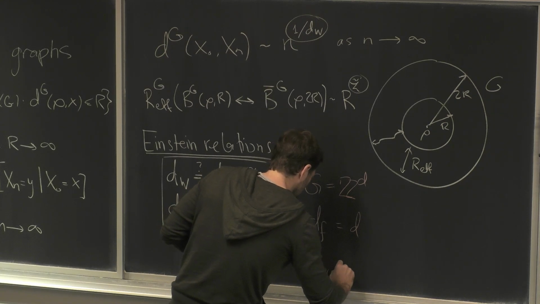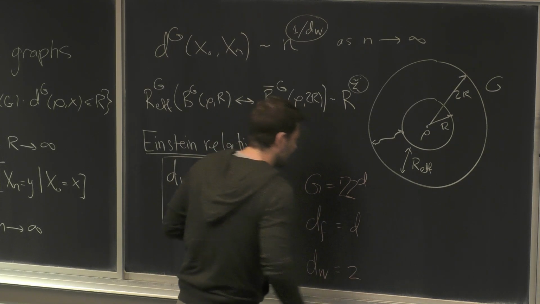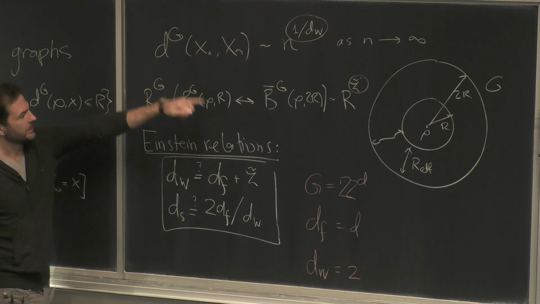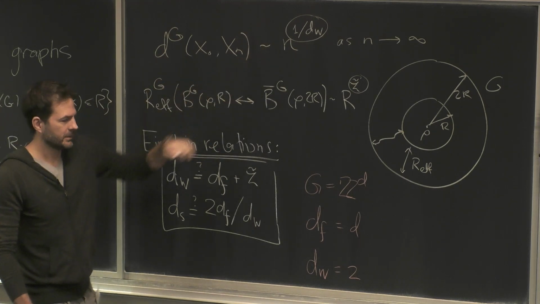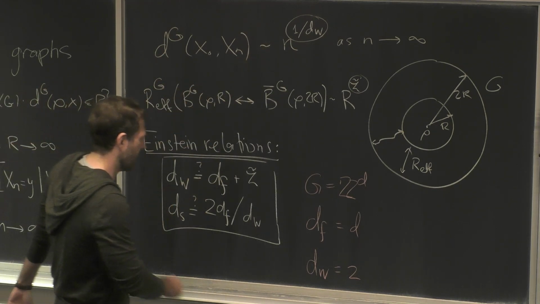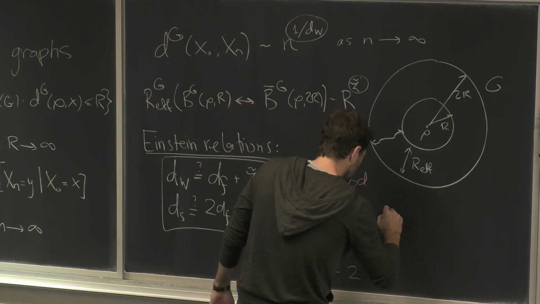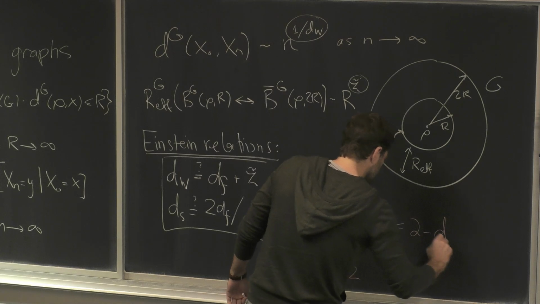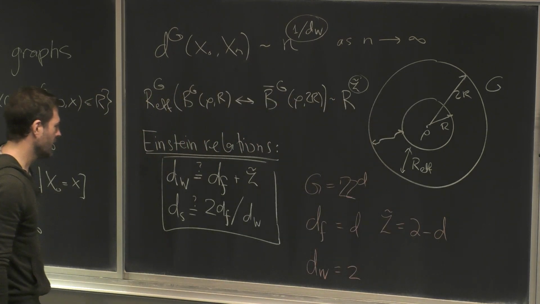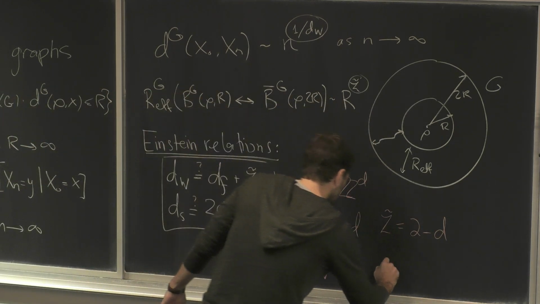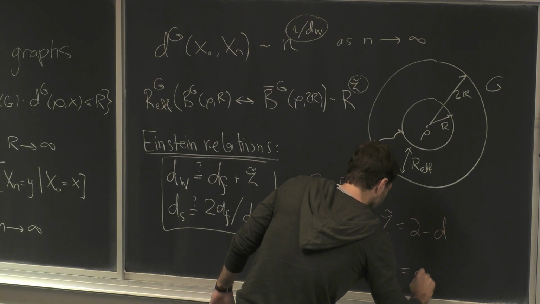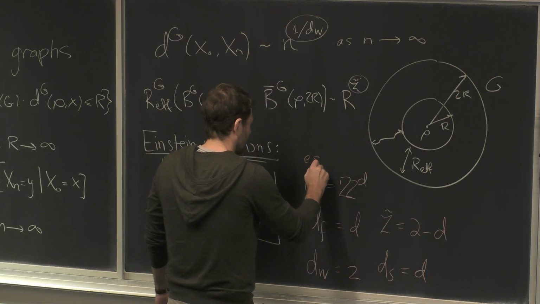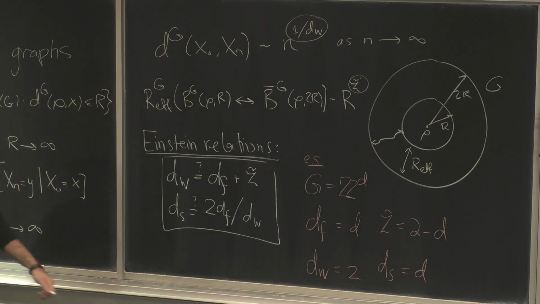The walk dimension is 2, right? Random walk here moves at diffusive speed. These do hold there, so that would mean that zeta tilde has to be 2 minus D, and then the spectral dimension is D. Okay, so this is the setup.